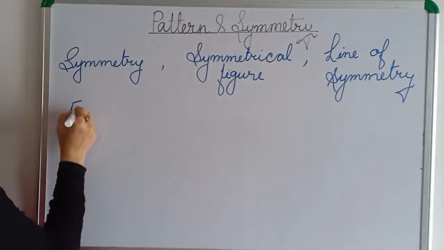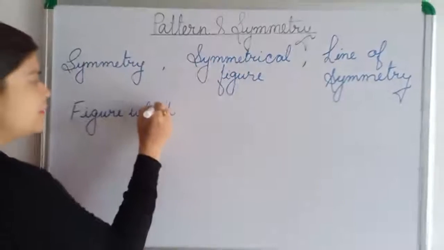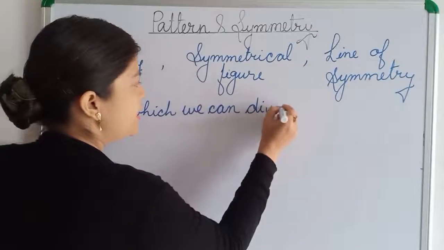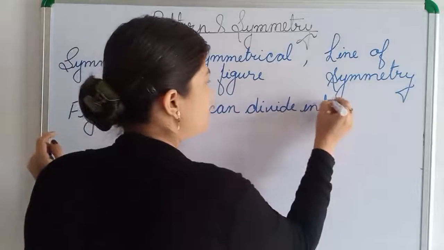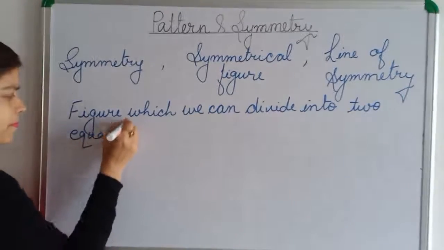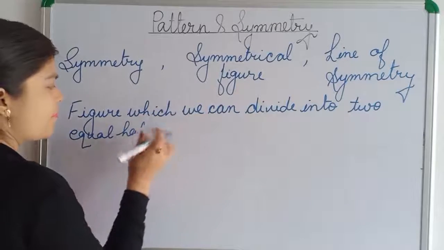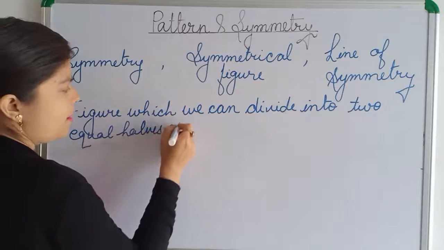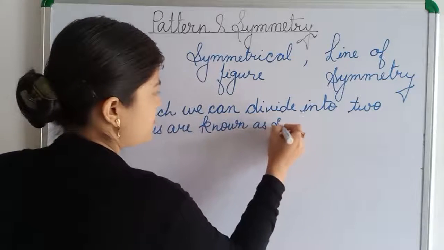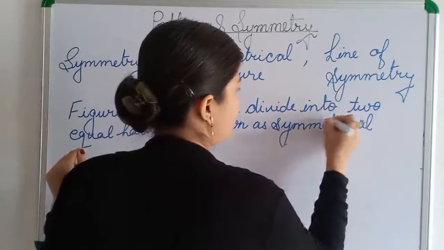So the figure which we can divide into 2 equal halves is known as a symmetrical figure.